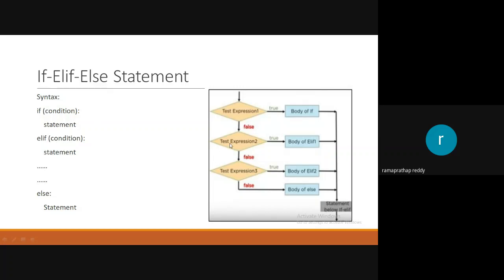Is it understood? In the process of proceeding when the condition is true, we used if. Here the situation comes where the condition is false. If the condition is false, then we are going to check another condition. If this condition is false, then we are checking another condition. If this condition is false, then we'll check another condition, and so on. Whenever the condition is false, immediately we are going to check another condition.